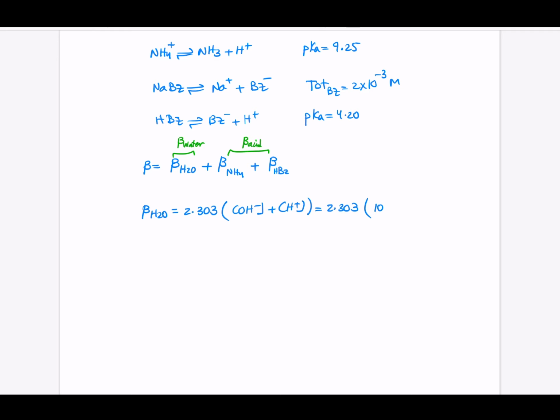If pH is 9.24, pOH is 14 minus that, so the concentration of OH minus is 10 to the minus 4.76. Make sense?